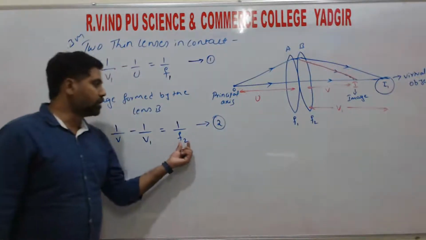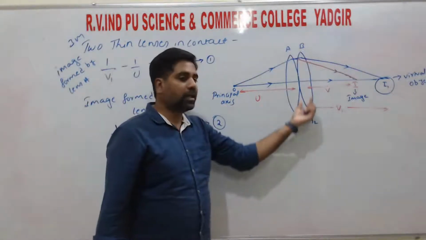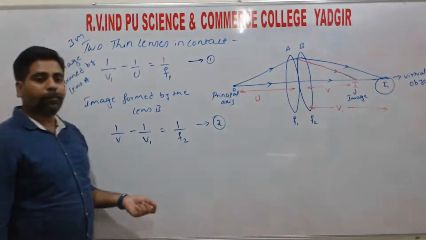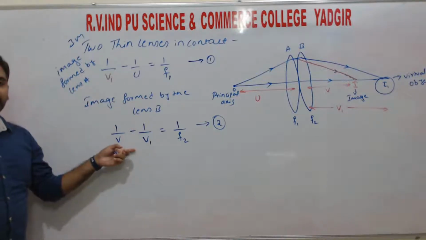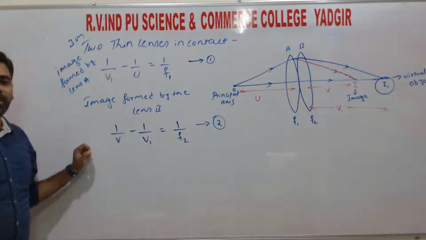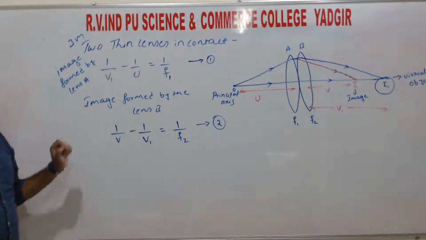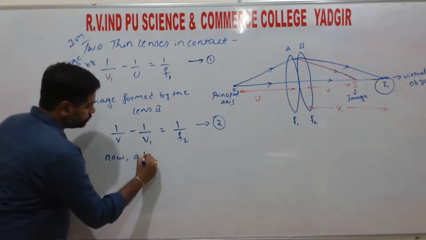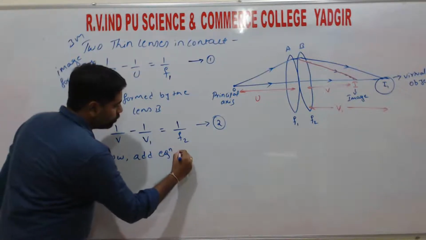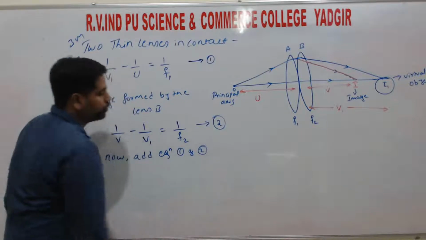Here f2 is the focal length of the second lens, that is lens B. These two equations we have written by using the lens formula, 1 by v minus 1 by u equals 1 by f. Now add equations 1 and 2.